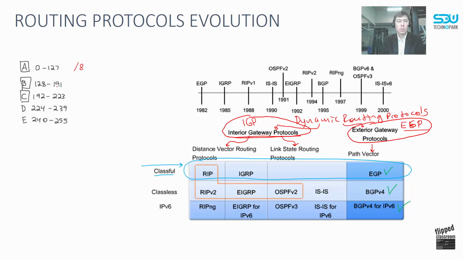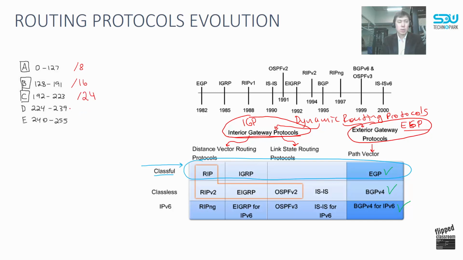In case the IP address started from 128 till 191, first octet, the prefix was defined as 16. In case the IP address started from 192 till 223, the prefix was selected as 24.